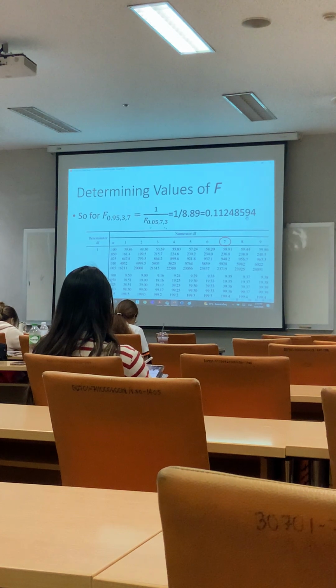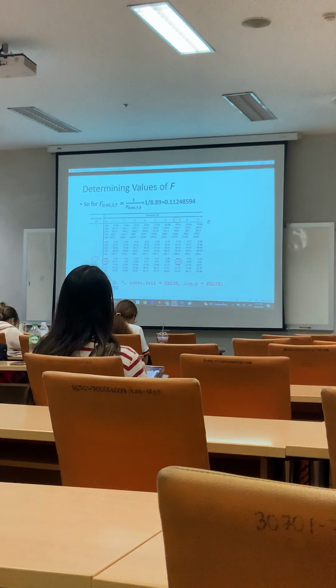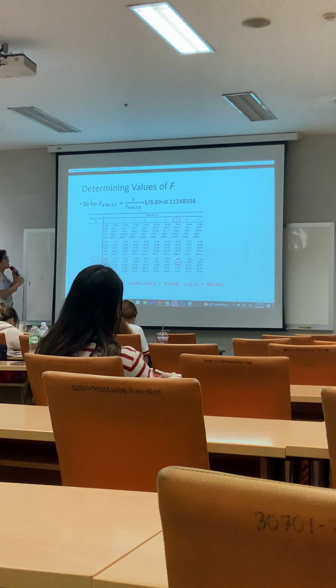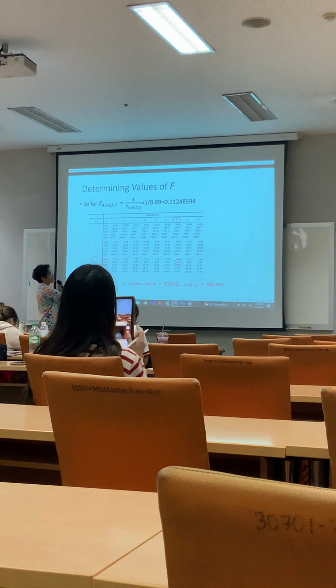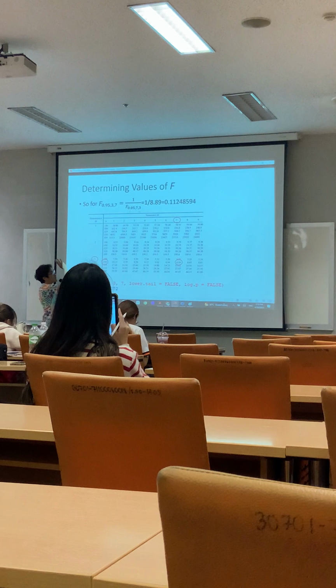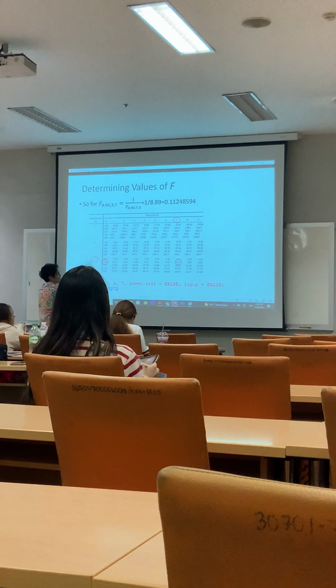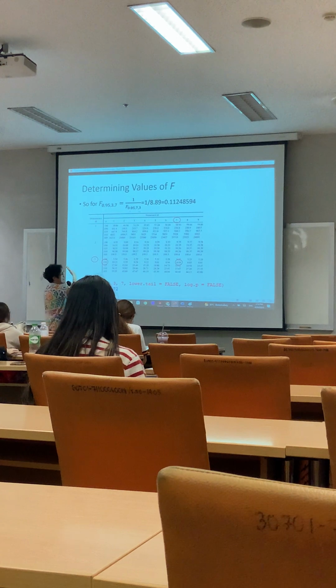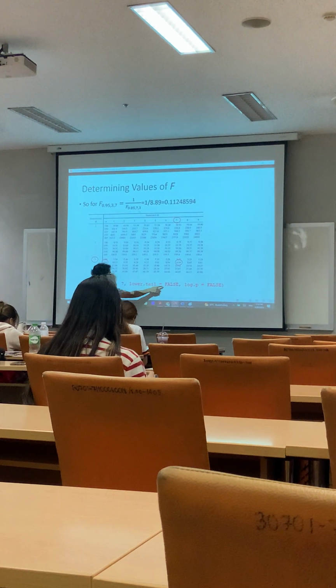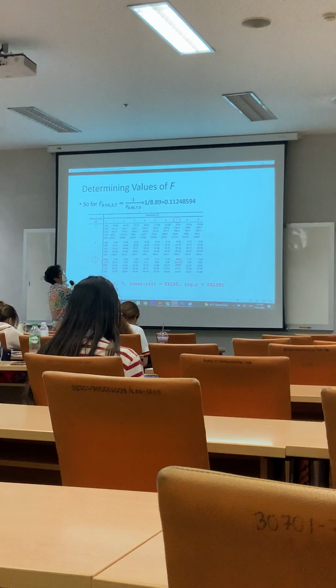Now, to show that this formula is working, in R you don't have to bother with the formula, you can just use qf. You want 0.95 to be the upper tail, so lower.tail has to be false. Numerator degree of freedom is 3, denominator is 7, and when you plug it in, you get this number and it's the same as the above.